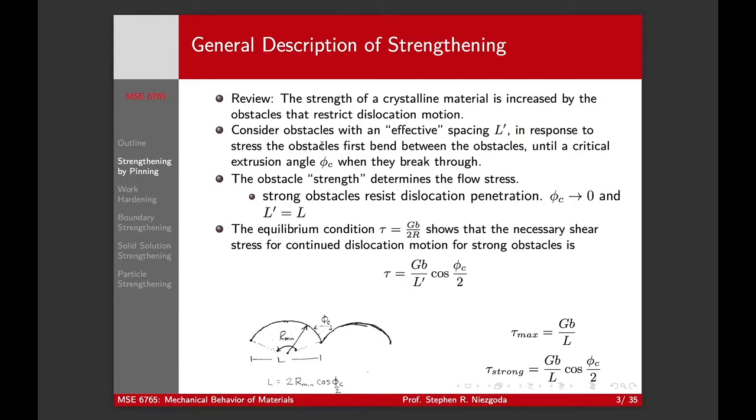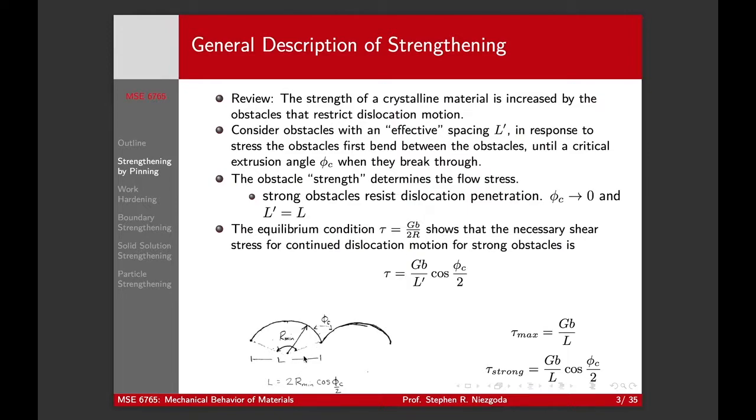So if we consider obstacles that have some effective space between them, L. We'll talk about an effective spacing L prime. We'll talk about the difference between L and L prime a little bit as we go on. But let's consider a strong obstacle. So we're going to say this effective spacing is about the actual physical distance between the obstacles.